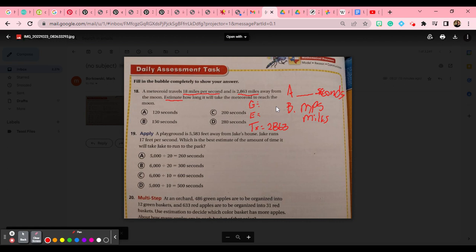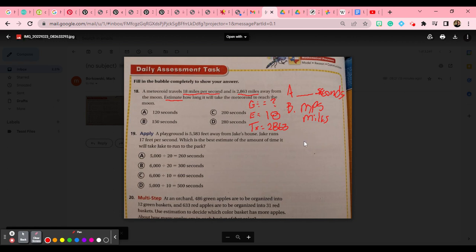Okay, so it travels 18 miles per second. We're going to put that in our 18. And we're looking for our group, or how long it's going to take the meteoroid to reach the moon. So this is what we're looking for, our group of time it's going to take.